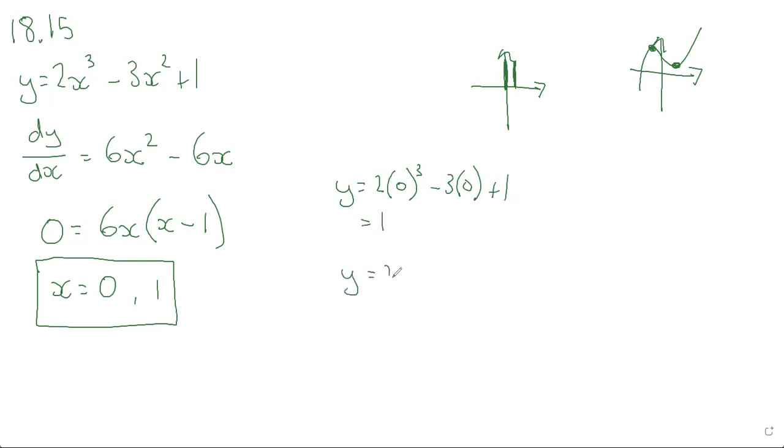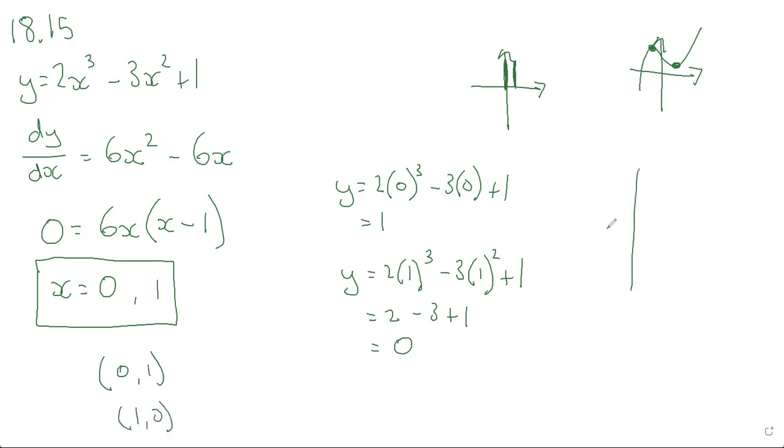Then I'm going to do it as if it's a 1 because that was my other solution. 2 times 1 cubed minus 3 times 1 squared plus 1 equals 2 minus 3 plus 1, which is 0. So that means the coordinate for this one here is 0, 1, right? 0 and 1. And the coordinate for the other one is 1, 0.